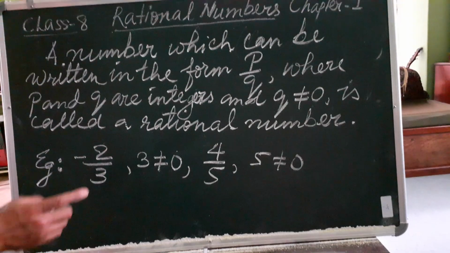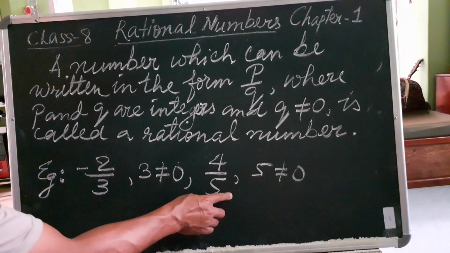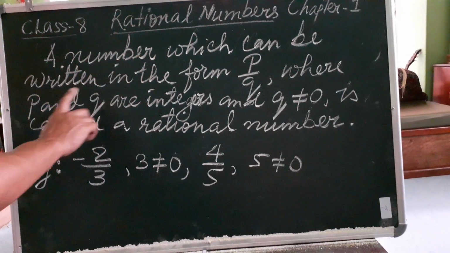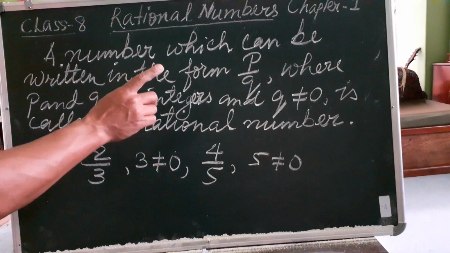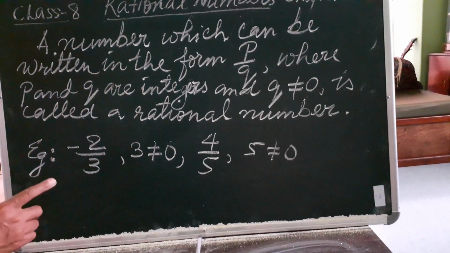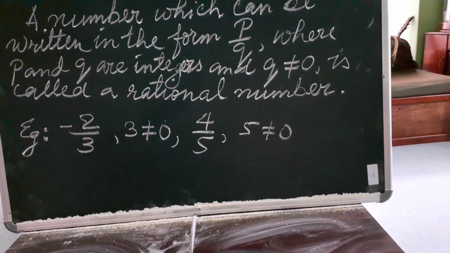So rational numbers can be positive or negative. A number which can be written in the form P by Q, where P and Q are integers and Q not equal to 0, is called a rational number.